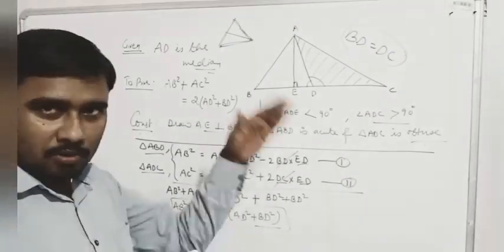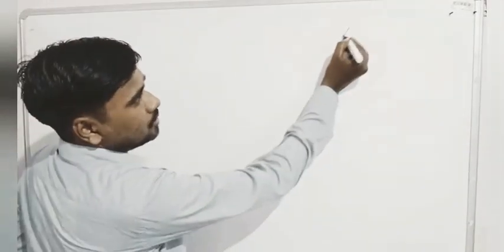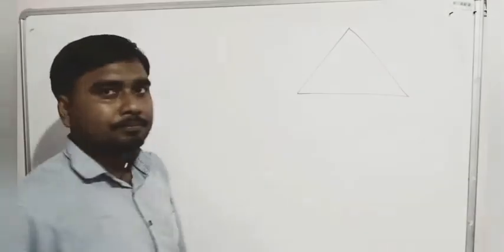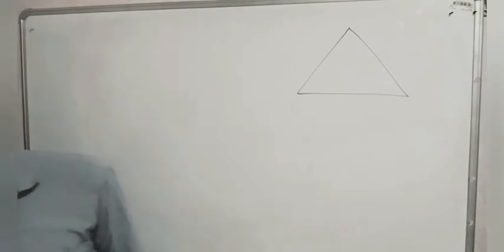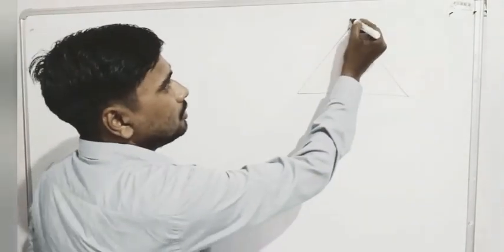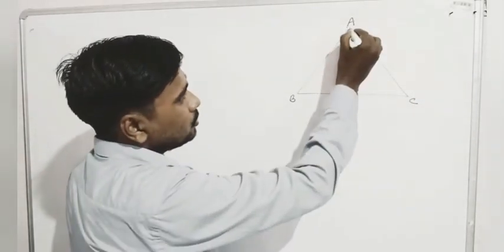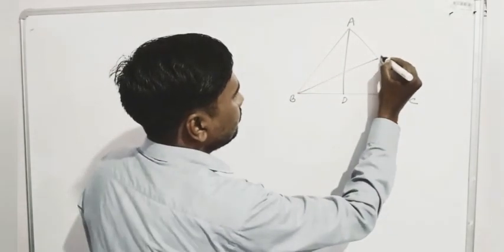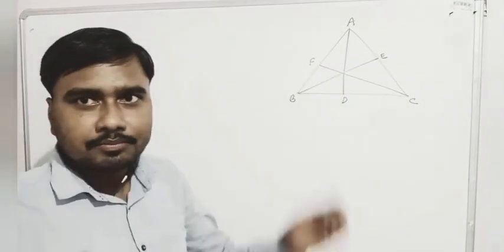Now we will see the next part. Next question from Pythagoras theorem. So now the next question is, students, this is a triangle ABC. AD, BE and CF are the medians.